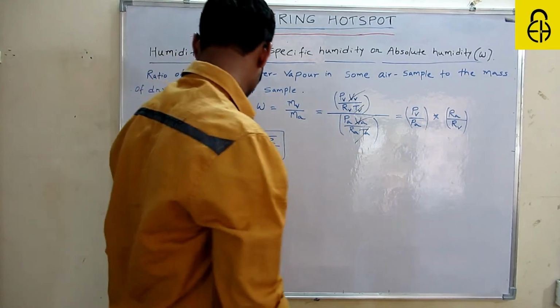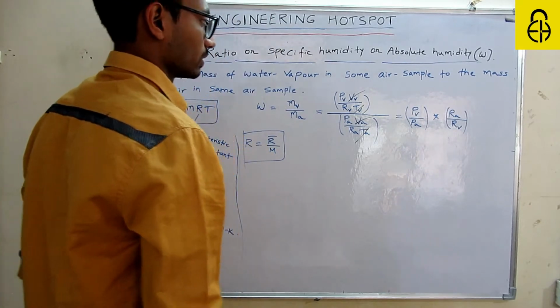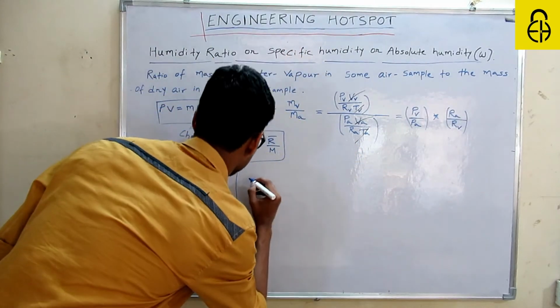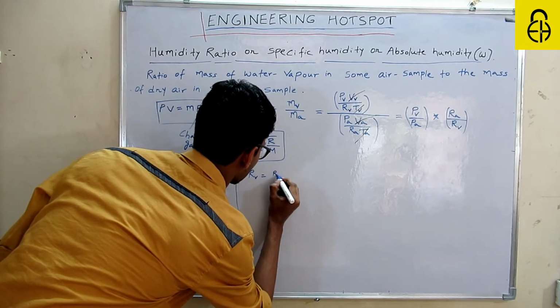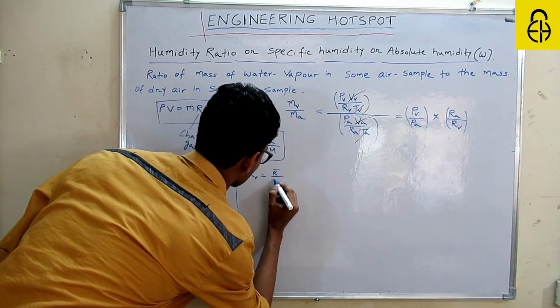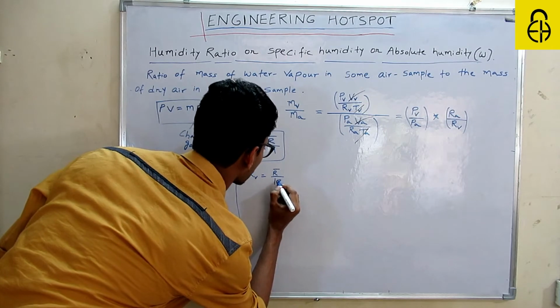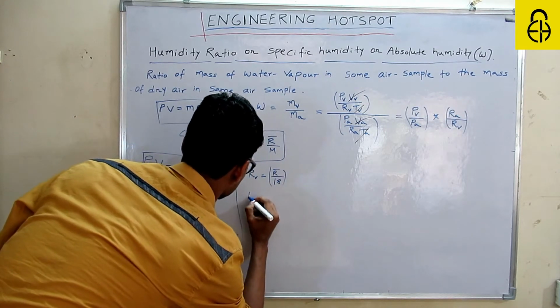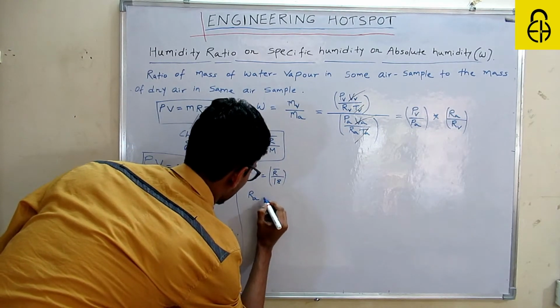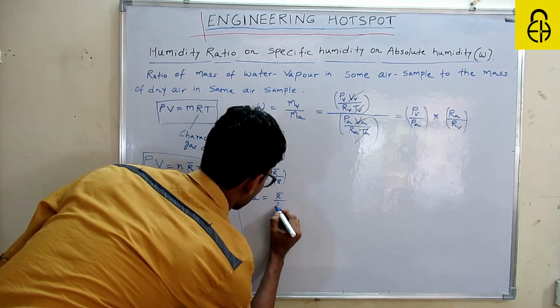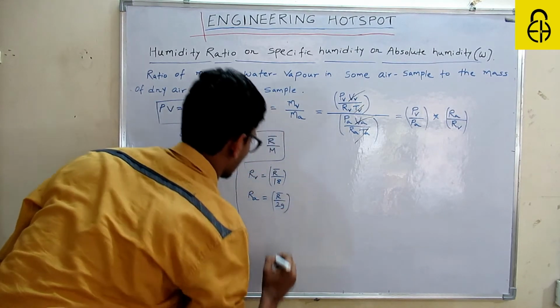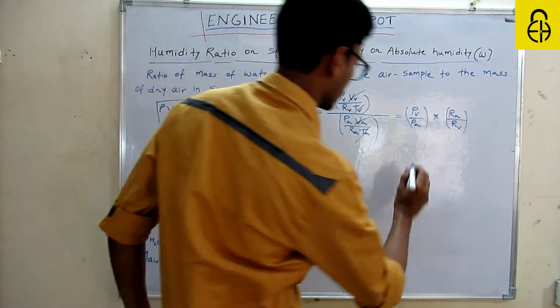Now substitute these values here. So what will be the R for vapor? It will be R dash divided by 18. And what will be the R for air? It will be R dash by 29. Hope you all understand it.